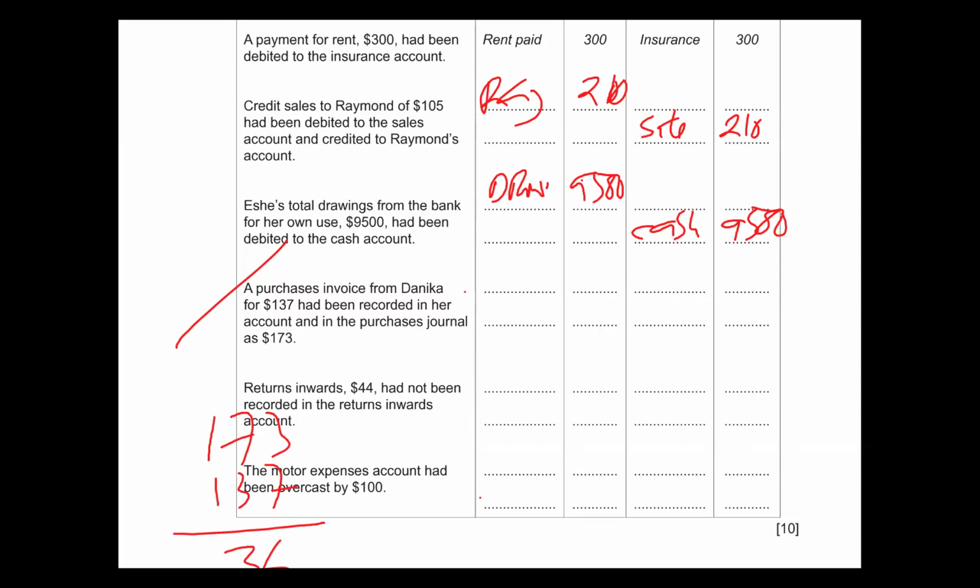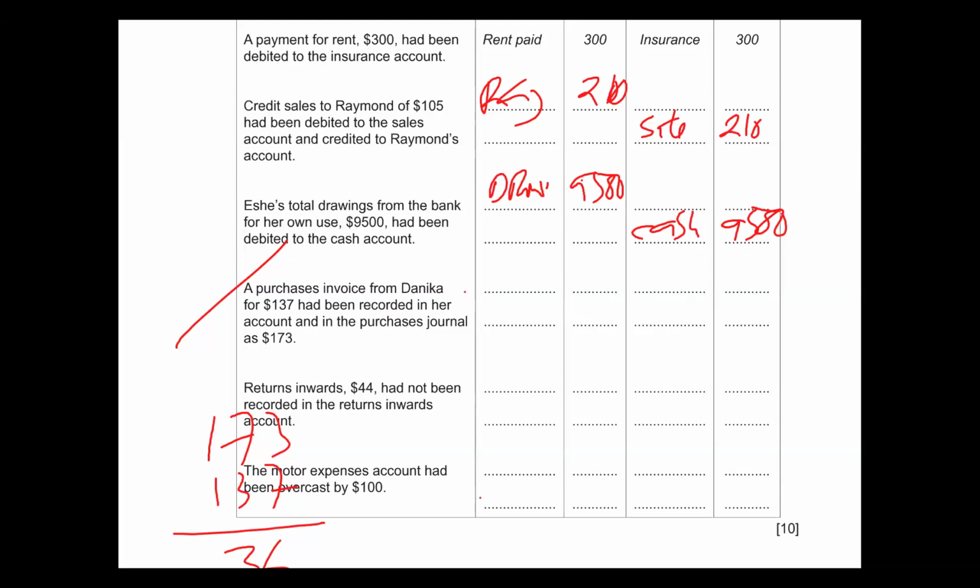You purchased goods that were worth 137, but you wrote that they were worth 173, which means in the purchases account you recorded a higher amount, higher by 36.